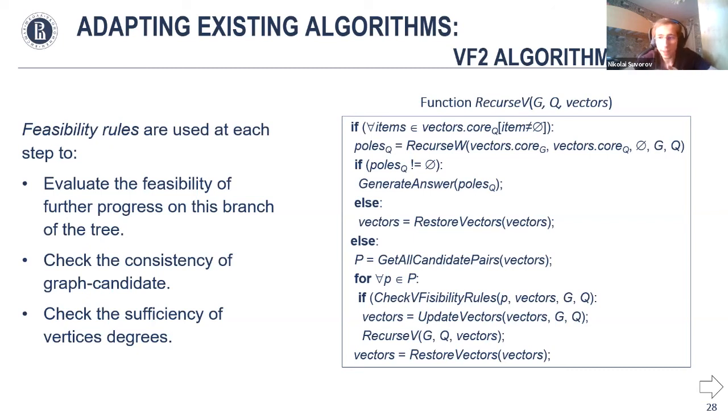While a pole layer can be represented as an ordinary graph, there is no need to significantly change these feasibility rules. But the feasibility rules for a vertex level needed to be redefined. The high-level VF2 algorithm for vertices traversing is presented on the slide.